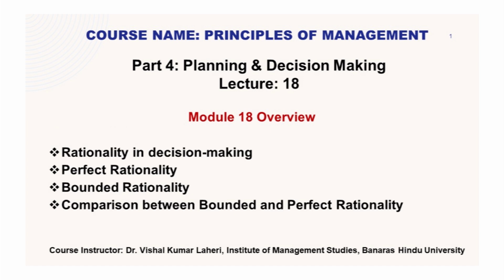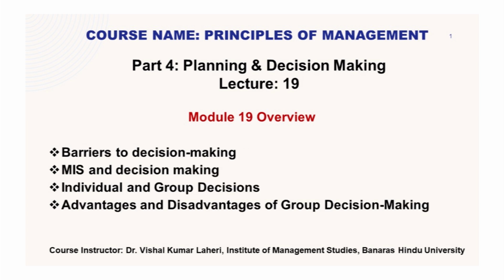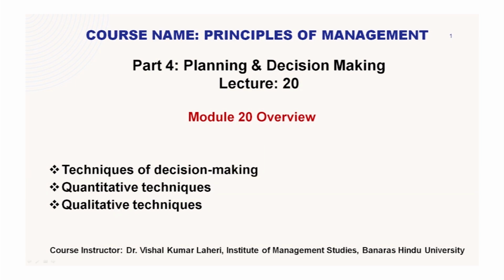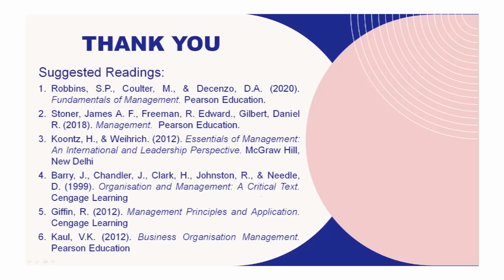Module 18 talks about the rationality and the bounded rationality of the decision makers. In module 19, we discussed thoroughly the barriers of decision making. And in the last part, module 20, we understood the different techniques of decision making. Okay, so that's all for part 4, and these are some of the suggested books.